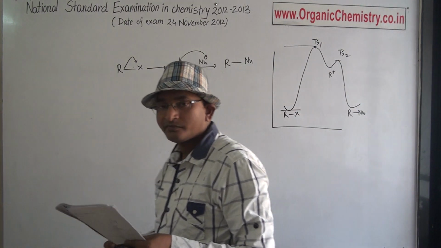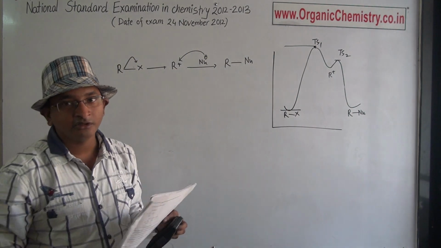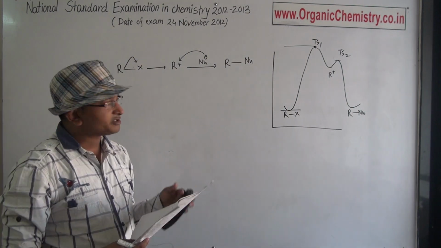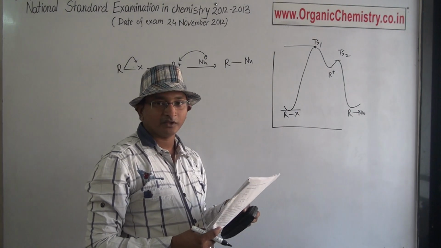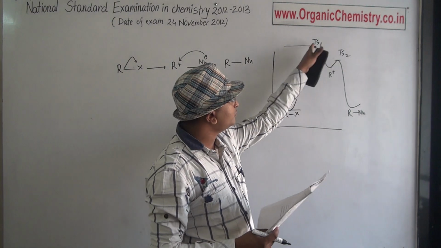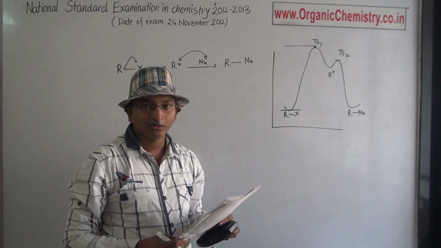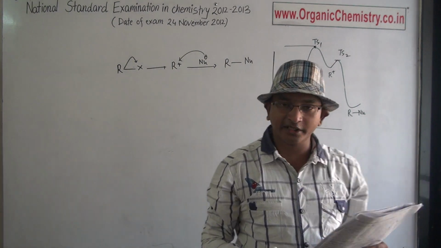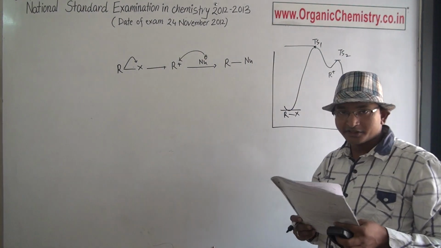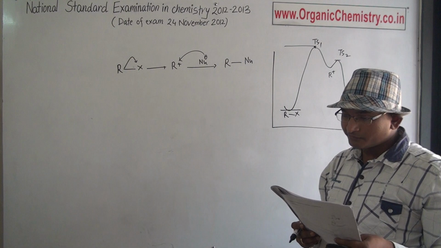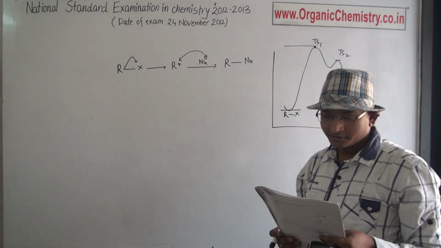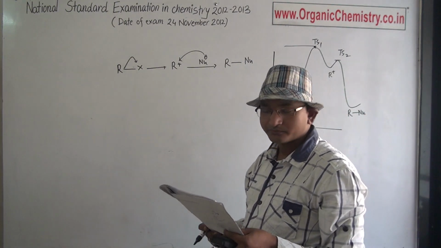So in case of an SN1 reaction which does not proceed with rearrangement, two transition states are formed. But if rearrangement takes place, then maybe the TS increase. So a general SN1 reaction gives 2 TS. Therefore the answer will be 2.